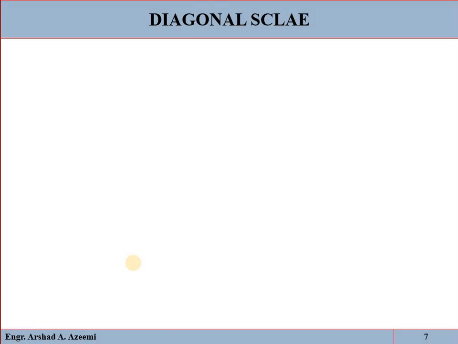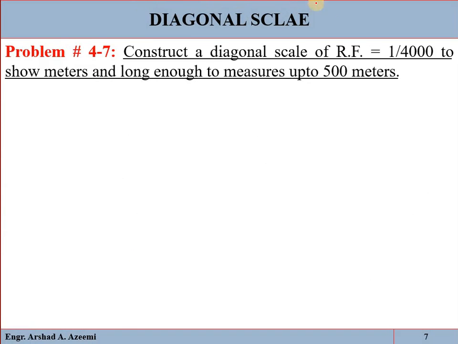See, construct a diagonal scale of RF 1/4000 to show meter and long enough to measure up to 500 meter. So find out the length of the scale, which will be equal to 1/4000 multiplied by the maximum length, which is 500 meter.